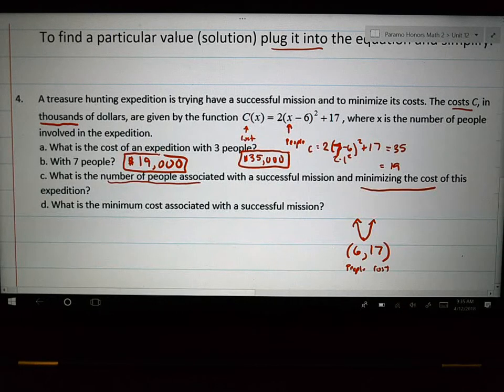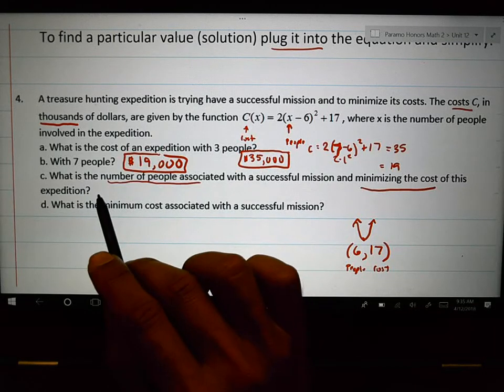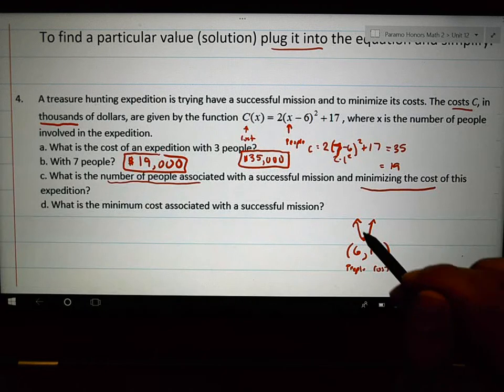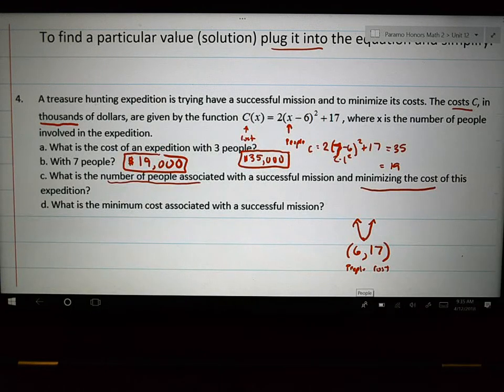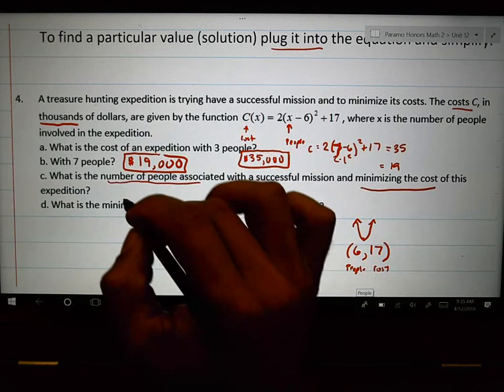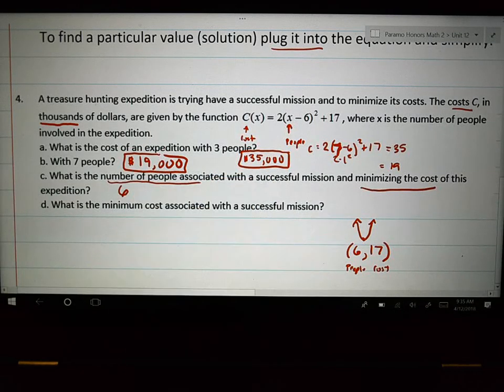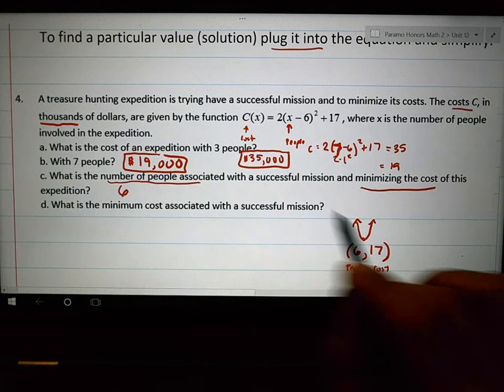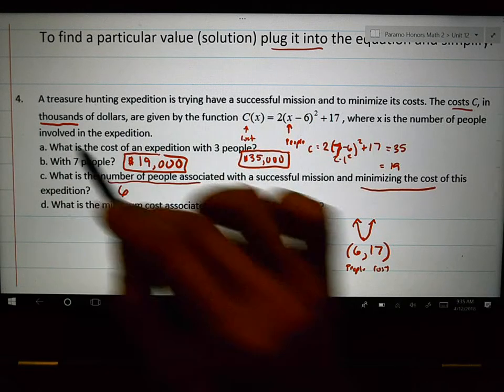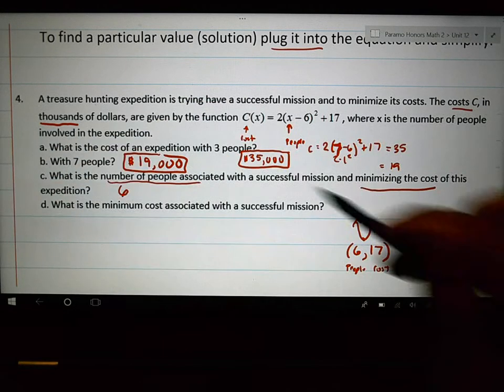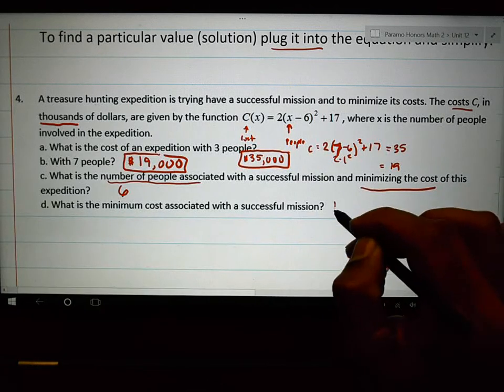If you think of your X and your Y in terms of people and cost, what is the number of people associated with that absolute lowest? As a business person, I always want to have 6 people. What is the cost? 17. But remember, the cost is in thousands of dollars, so I have to make sure that I'm multiplying by 1,000. It's what? $17,000. Not bad.